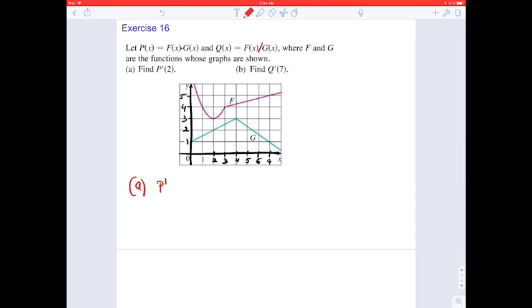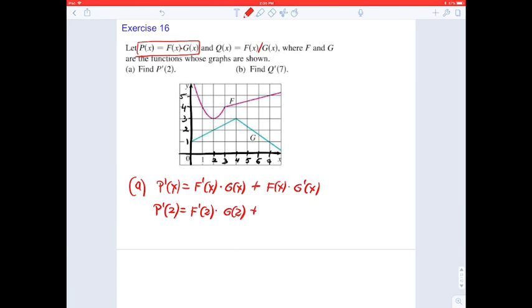P prime, first of all, at x. I have to look at this function and use the product rule: f prime at x times g at x plus f at x times g prime at x. Now we're looking for p prime at 2. Let's put 2: f prime at 2, g at 2, f at 2, g prime at 2.